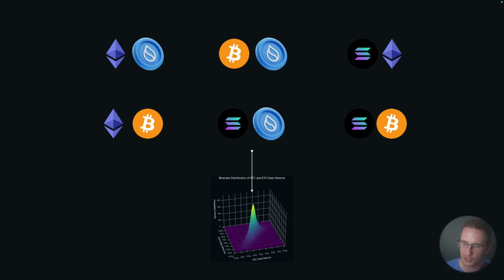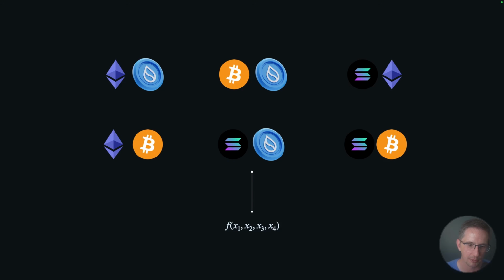So we can take any cryptos we want, and as long as we can model their bivariate copulas, we can actually get to this end result. Because remember the slide I showed earlier, this is just made up of the relationship between the cryptos, or the relationship between whatever it is you're analyzing, and their marginal density functions. So we can actually go and do that. And so the math of that would look more like this, because we've got 4 assets here.